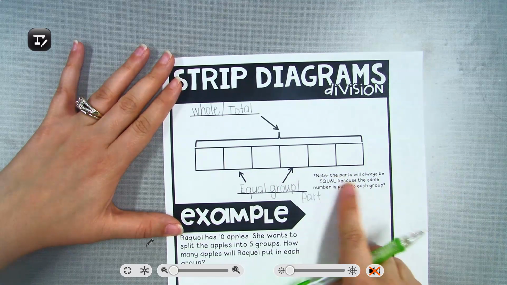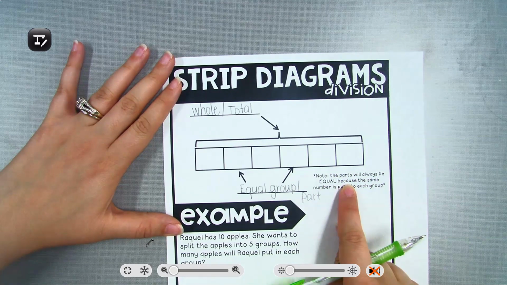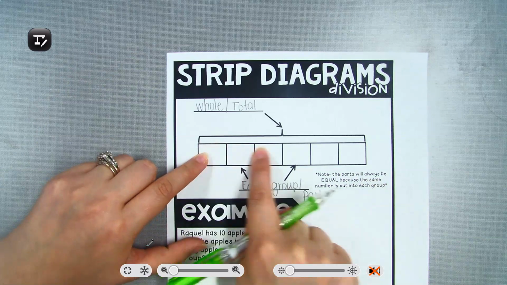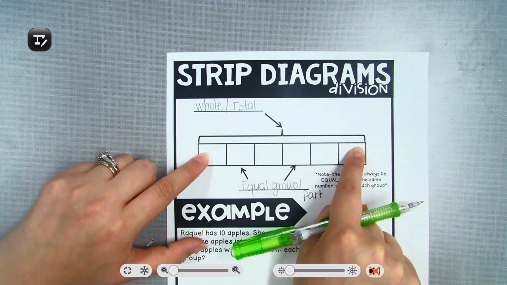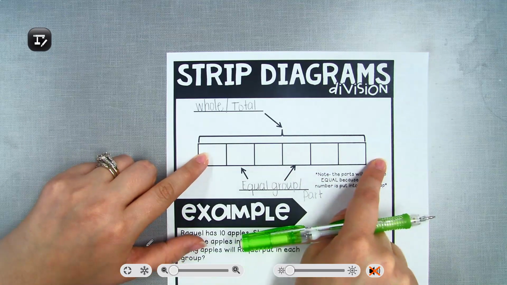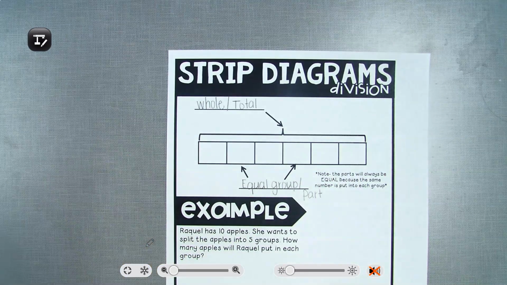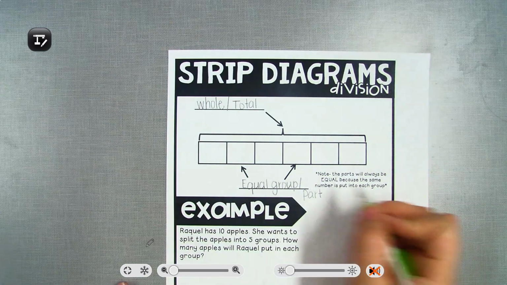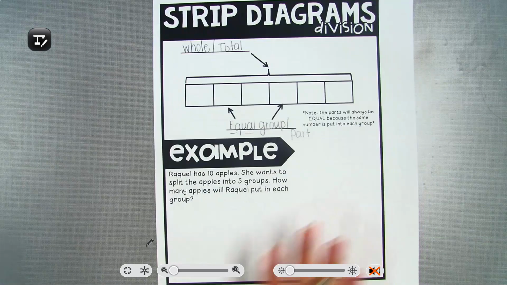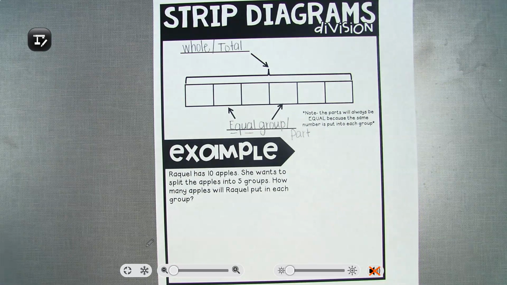Now, note, parts will always be equal because the same number is put into each group. So these numbers, when it comes to multiplication division, guys, are all going to be the same because we're putting them into equal groups. Equal means they have to be the same. Okay, so the same number is put into each group because we're talking about equal groups. Equal means the same.